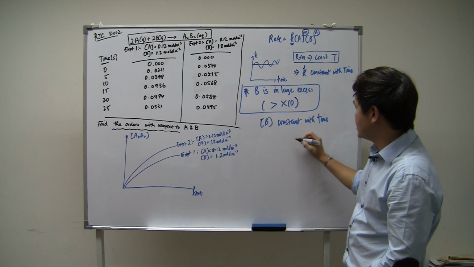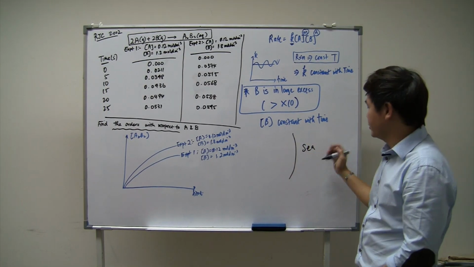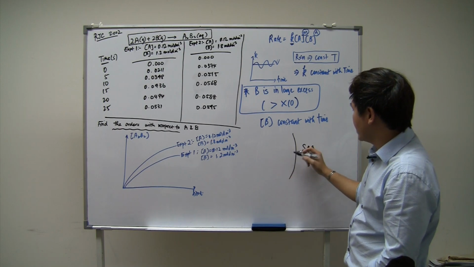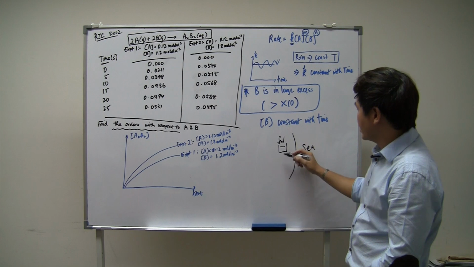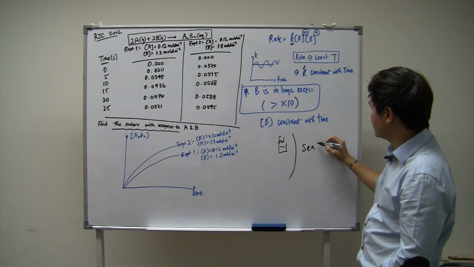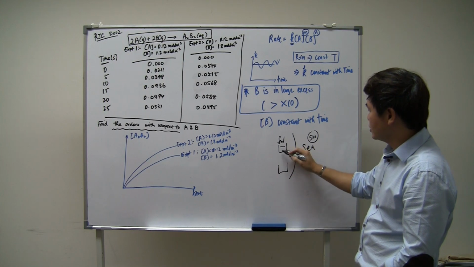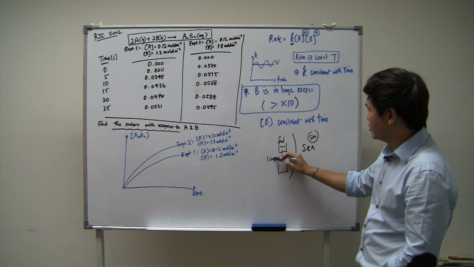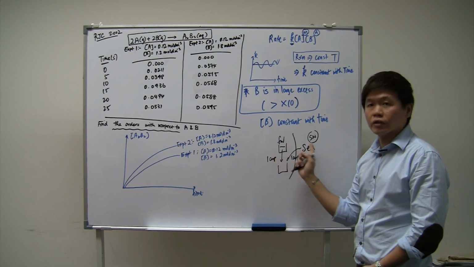If you were to go to a sea, right, which has got infinite volume of water, and you go to the seaside, and basically you have a bucket of fresh water, and you've got a whole ocean of seawater. And let's say you're going to make a mixture where you have 1 cup of fresh water, and you take out 1 cup from the sea to make a mixture of seawater and fresh water.